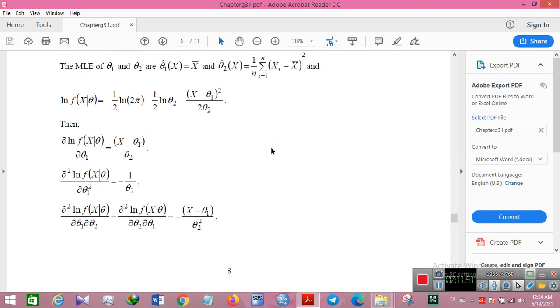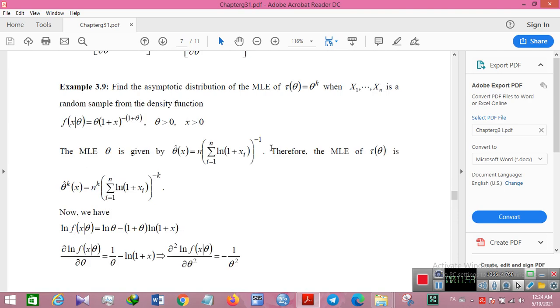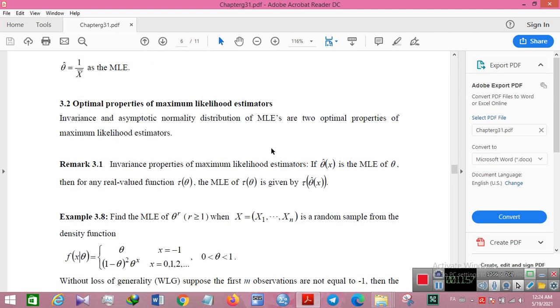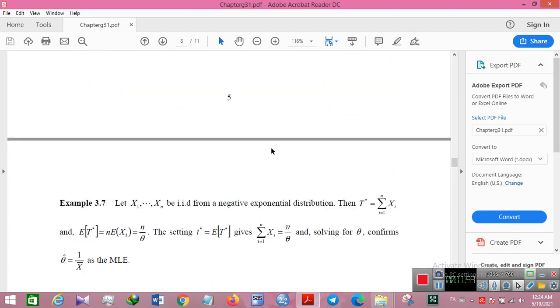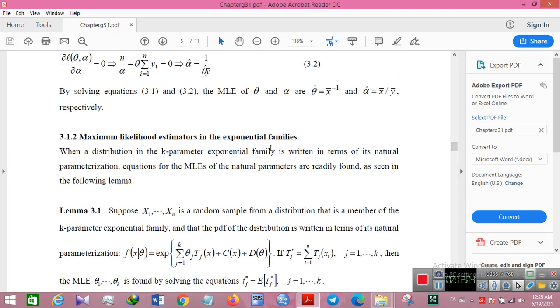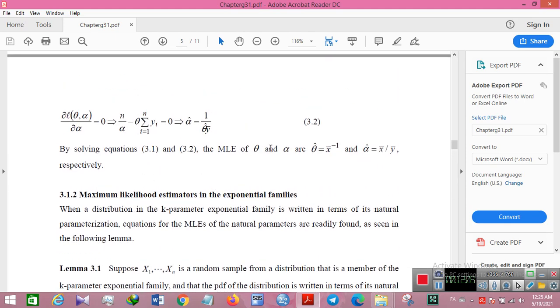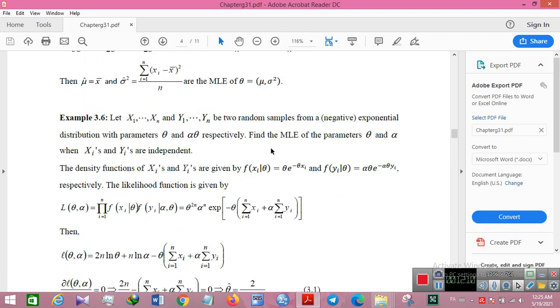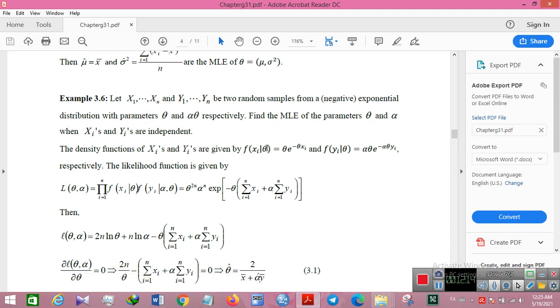Actually, if the derivative with respect to theta is not a linear function of theta, finding the MLE is very difficult.